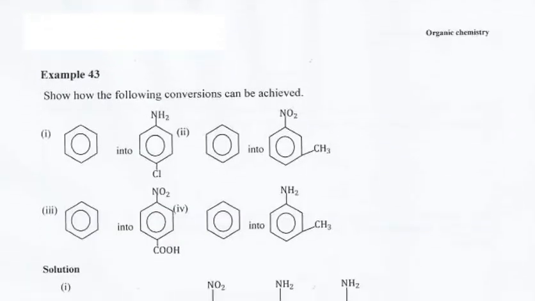Show the following conversions, how can they be achieved from this one to this one. From here to here, how do we get there? Remember, this is an activator, this is a deactivator.